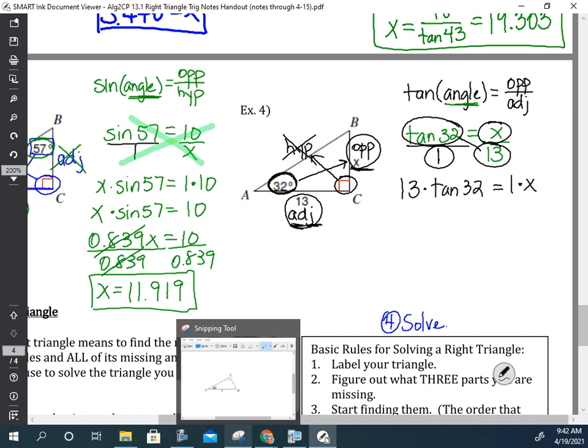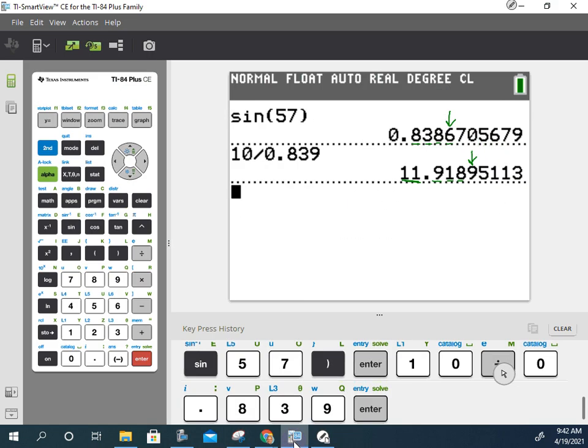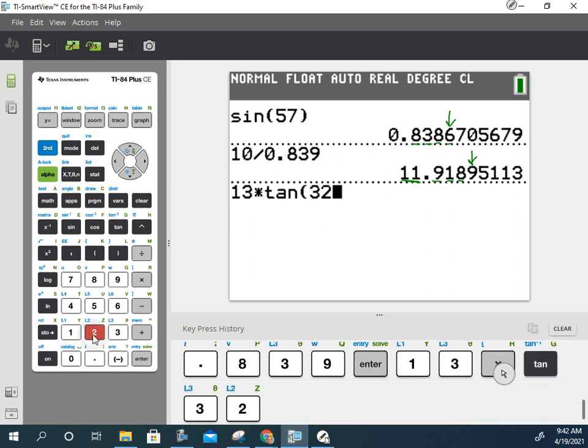So we'll let the calculator do a little work. 1 times x is x. Tangent of 32, we go to our calculator for it. 13 times tangent of 32.